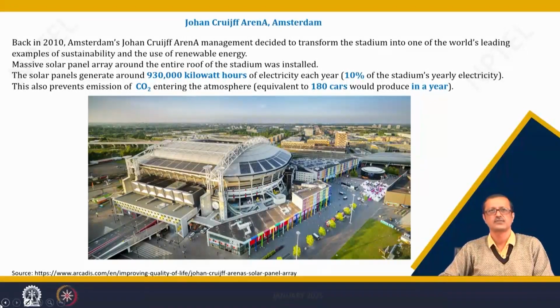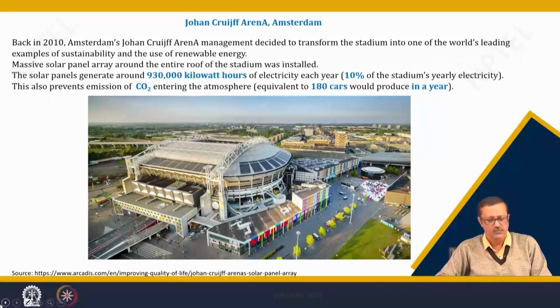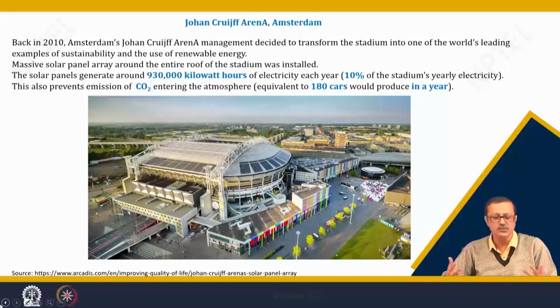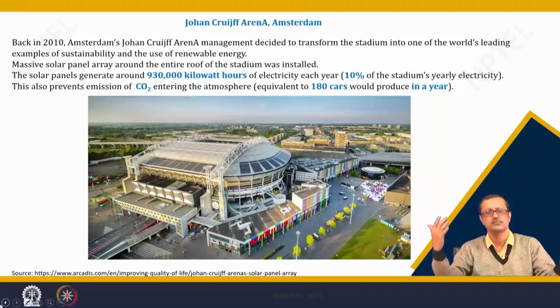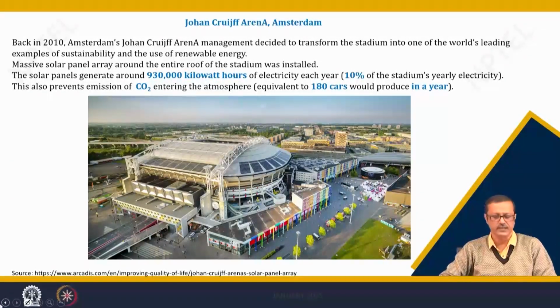We have maybe 15 to 20 very good cricket stadiums, around 10 football stadiums. Those are open stadiums, but they have some kind of covering, radially.